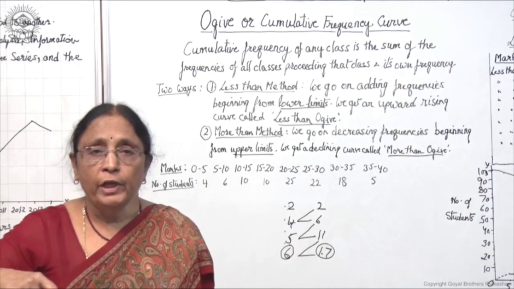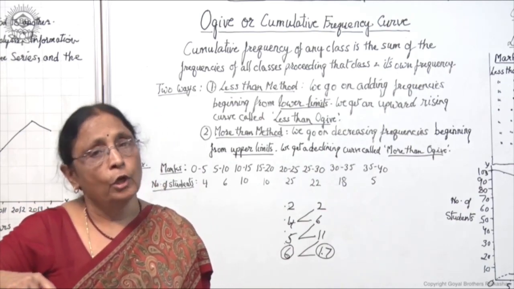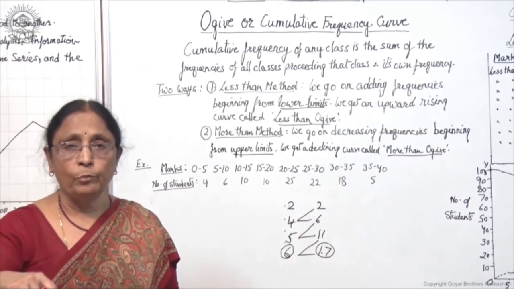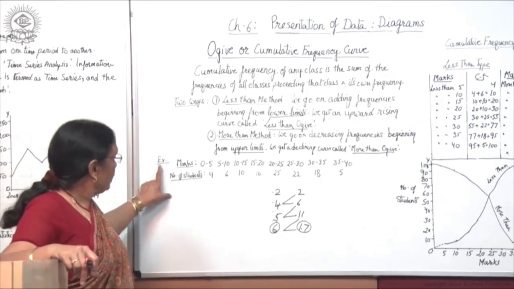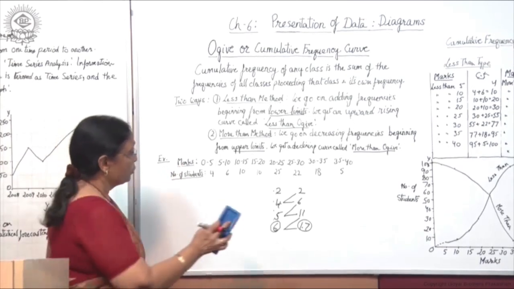So earlier you have done what is less than and more than cumulative frequency. Now we will see what is less than ogive and more than ogive with the help of an example and diagram. Now take the example here, marks and number of students.